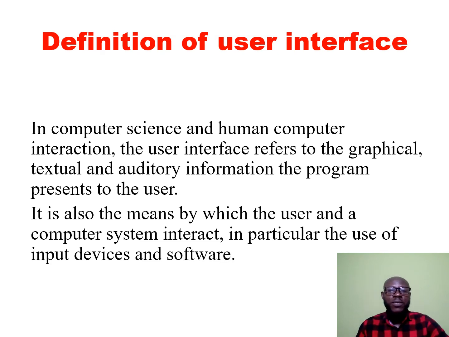So we have the definition of user interface. In computer science and human computer interaction, the user interface refers to the graphical, textual, and auditory information the program presents to the user.